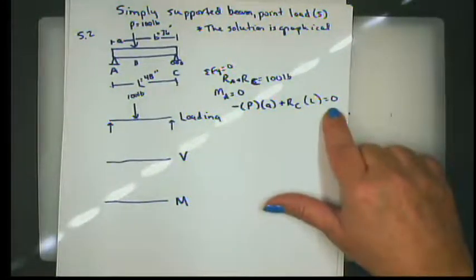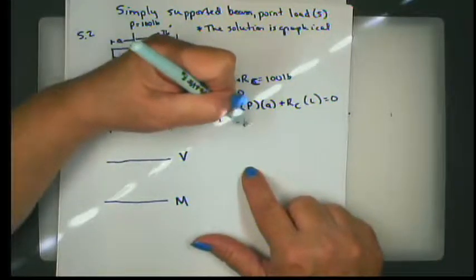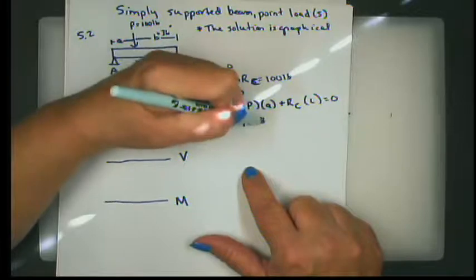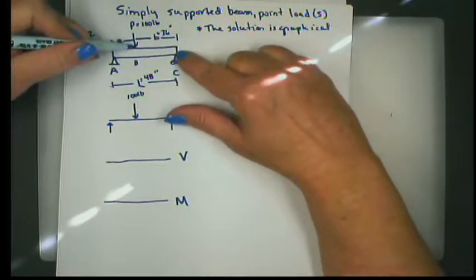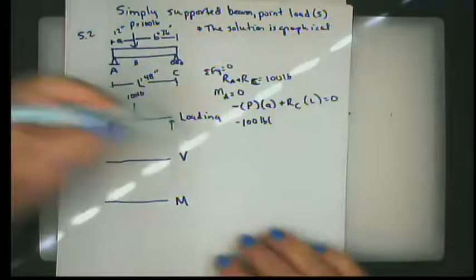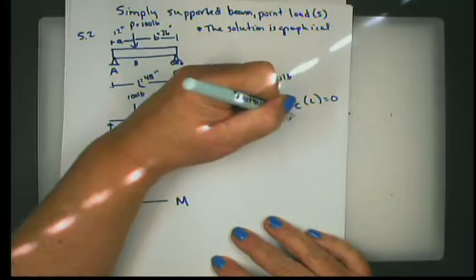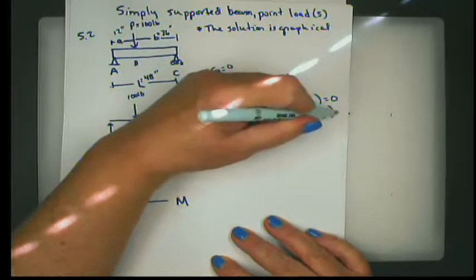All right, so this is a very general equation, but since we put numbers in, we can say minus 100 pounds times this distance A. Well, we know that the whole length is 48 inches. We know this is 36, so we know that this has to be 12 inches, right? Very good. 12 inches plus the reaction at C times the length, which is 48 inches, equals 0.